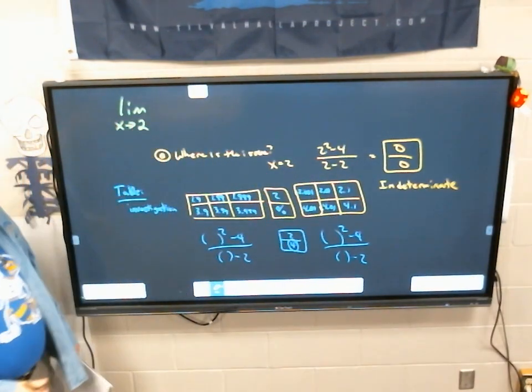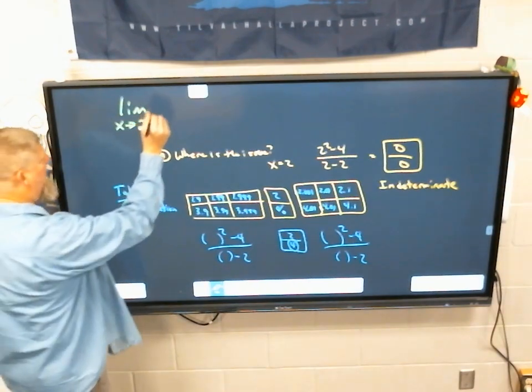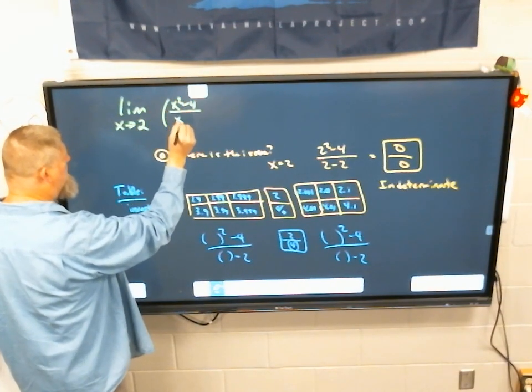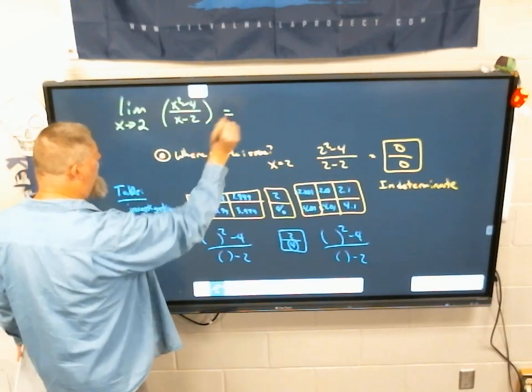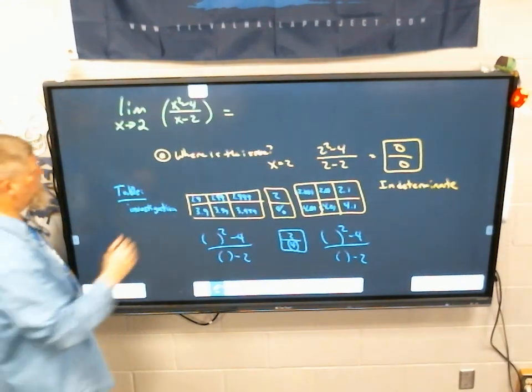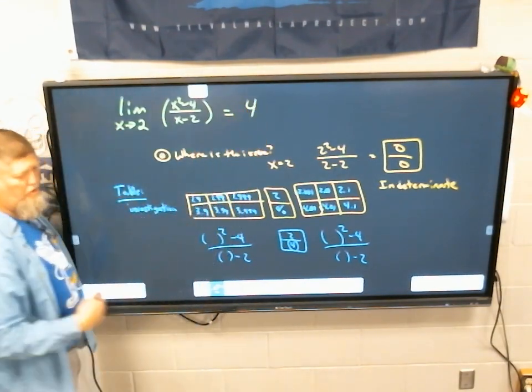As x gets closer and closer to 2, then the function x squared minus 4 over x minus 2 was approaching what value? 4. It's getting closer and closer and closer to 4.